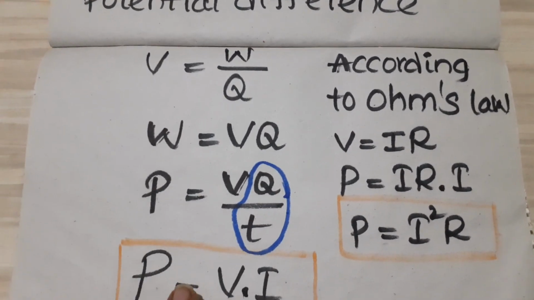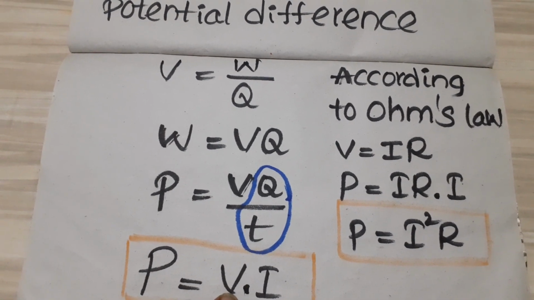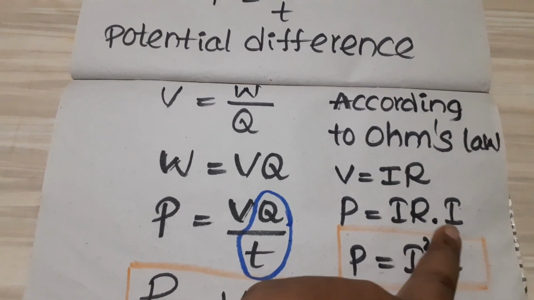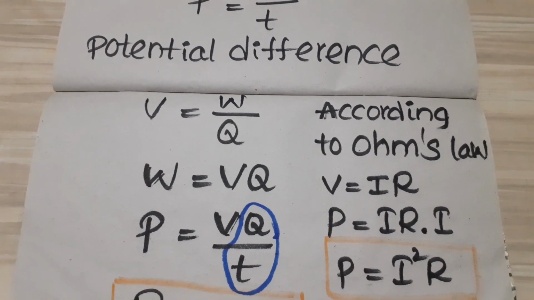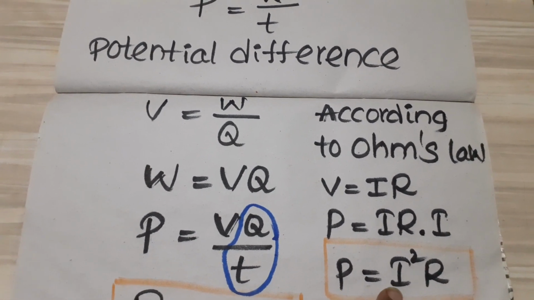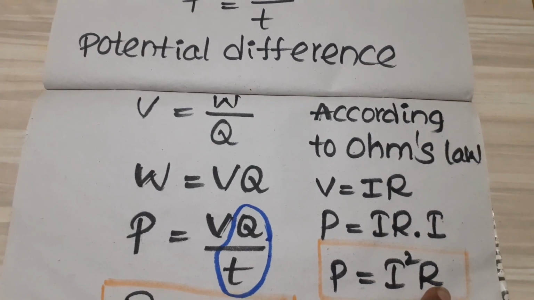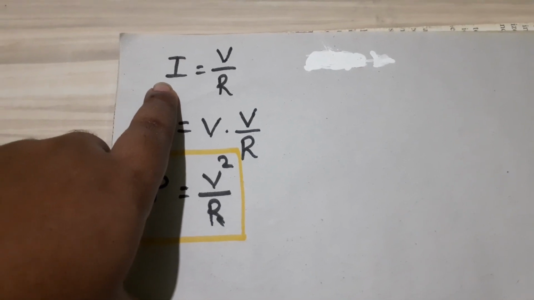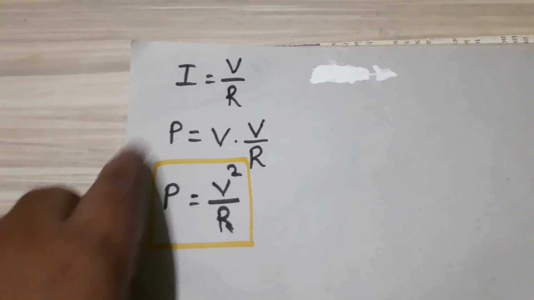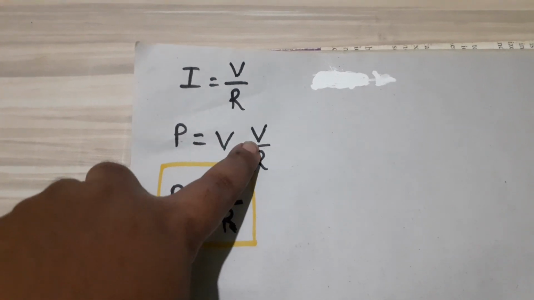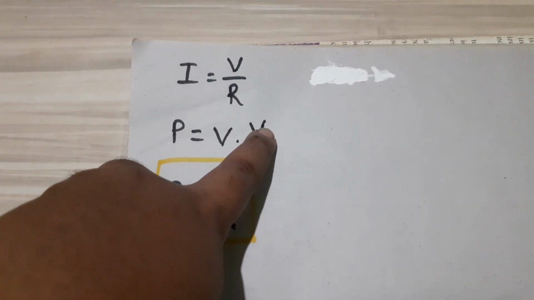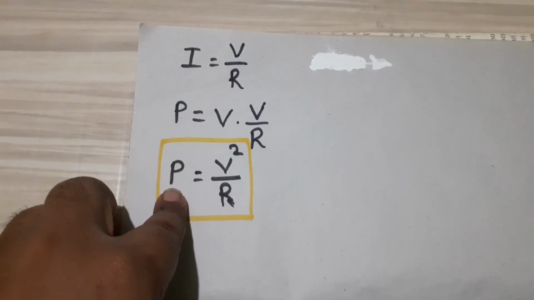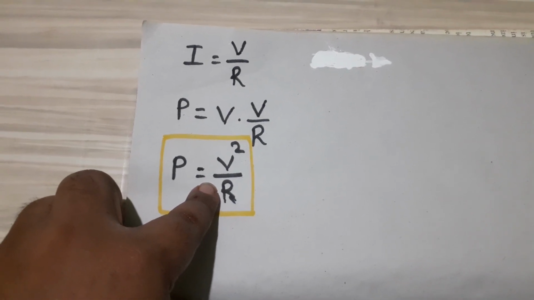Substitute V equal to IR into P equal to VI, so P equal to I square R. That is another formula for power. Again from Ohm's law, I equal to V by R. Substitute in P equal to VI, so power equal to V square by R. This is another formula for power.